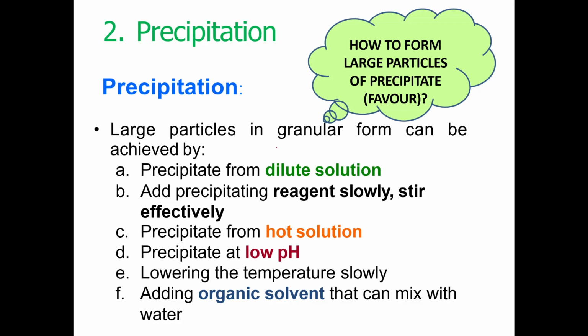To maintain the condition of temperature, we lower the temperature slowly. The last one is adding an organic solvent that can mix with water. Sometimes we don't need the water entrapped in the precipitate.